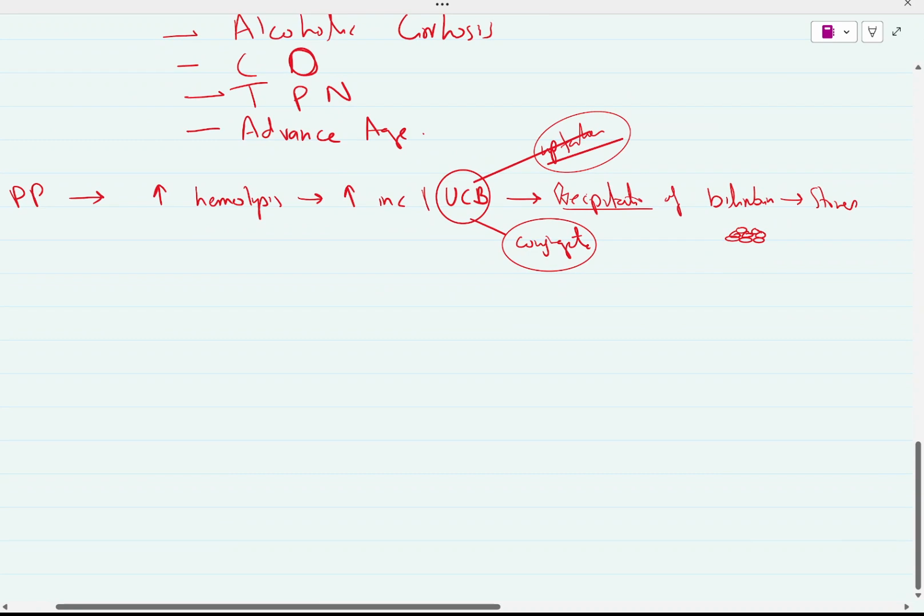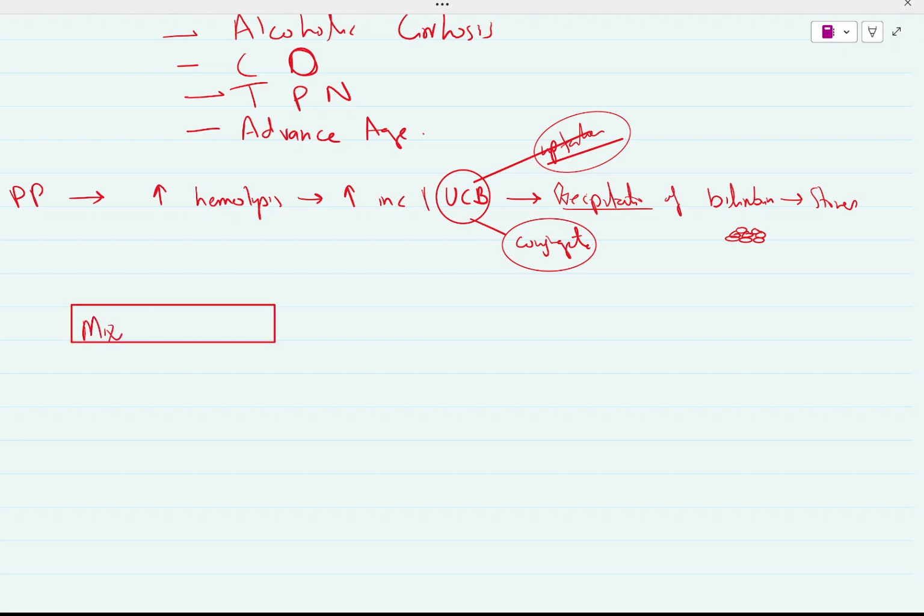So next thing is formation of mixed stones or brown pigmented stones. We are going to study the third type of stones, mixed or brown pigmented stones. So what is the risk factor for formation of these kinds of stones in the gallbladder? First is bacterial infection.